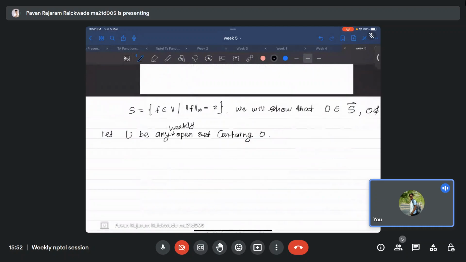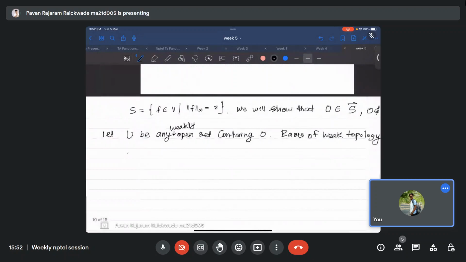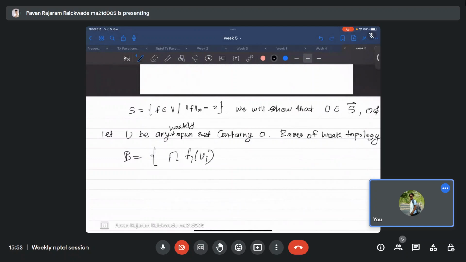The basis of the weak topology is the collection of intersections of F_i inverse of U_i, i going from 1 to n, where n belongs to the natural numbers, the F_i's belong to V star, and the U_i's are open subsets of R. This is how the basis is formed. Correct.